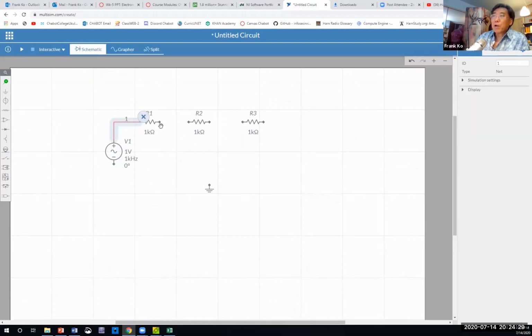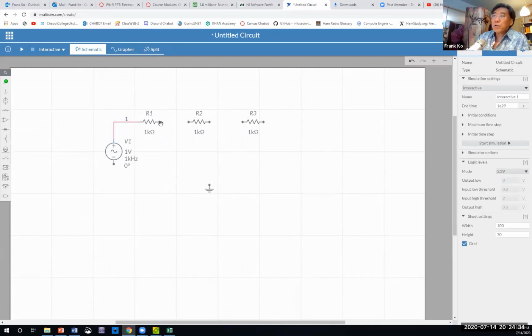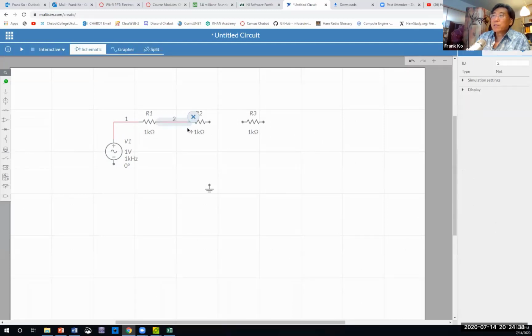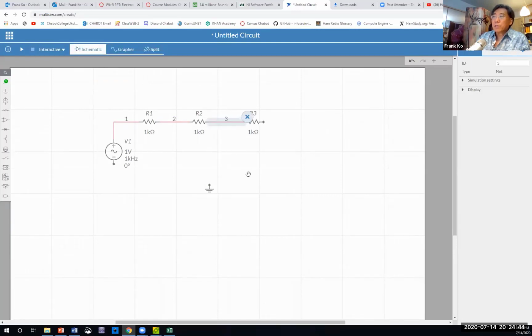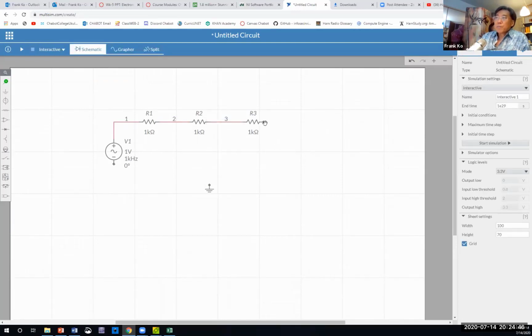And the next wire from here, got to deselect. Come on, be nice to me. Hover, there it is, and connect. Deselect, hover, there it is, connect, deselect, hover, there it is, come down here, and connect.